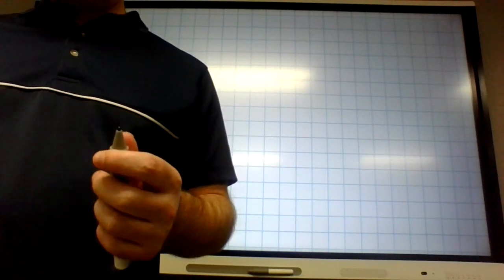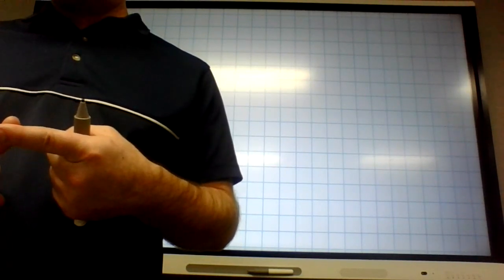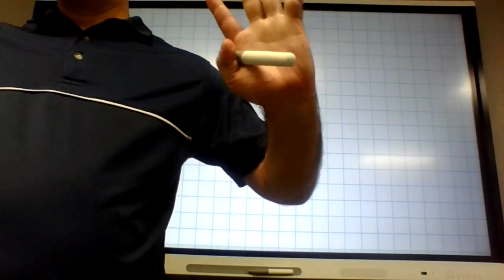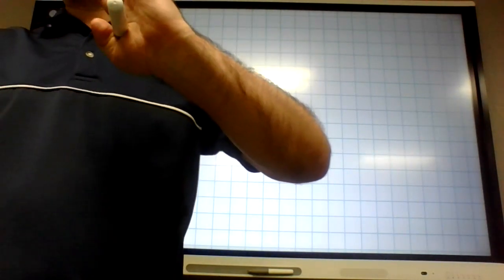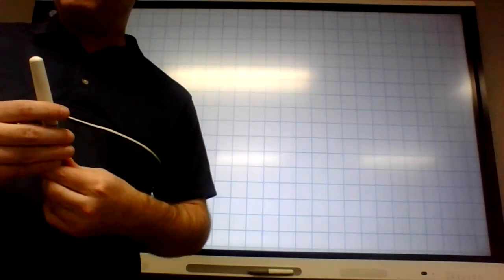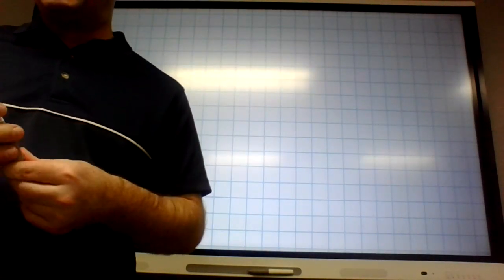Okay, so number 7, they put the 2 on the variable. What did I say happens when you put a 2 on the variable? Everything happens twice as fast. So the period should just be pi instead of 2 pi. So which of those graphs has a period of pi?